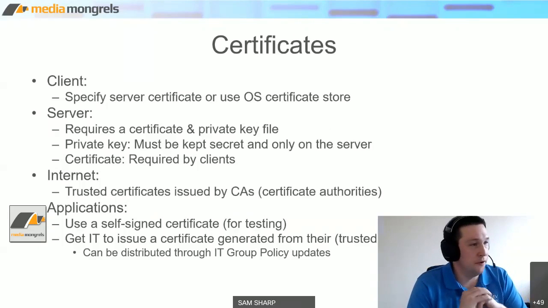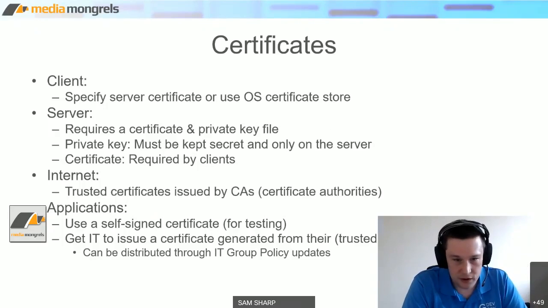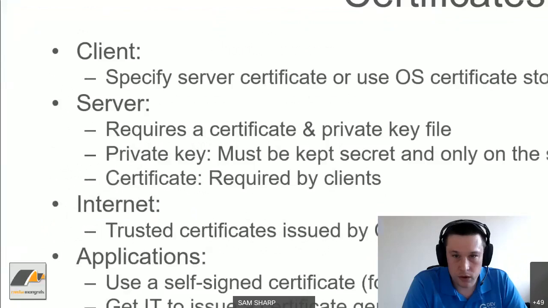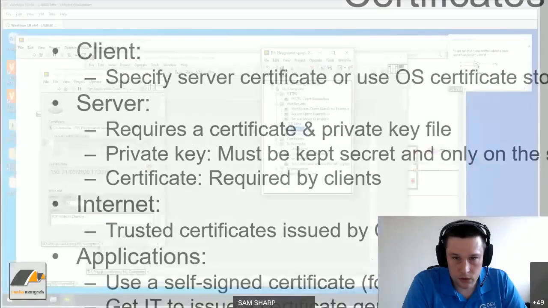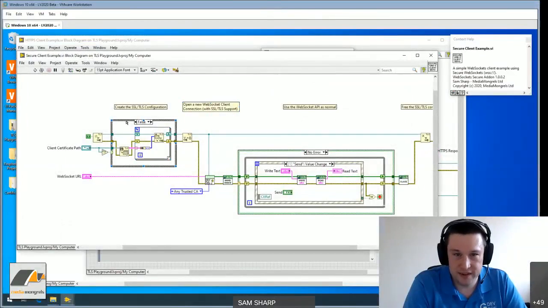Certificates. So basically, if we're acting as a server, we need to have a certificate so that we can use that to validate the clients. What we can do is specify the certificate as part of our client connection. So if I show that quickly, in my secure client connection, we can add our client certificate.